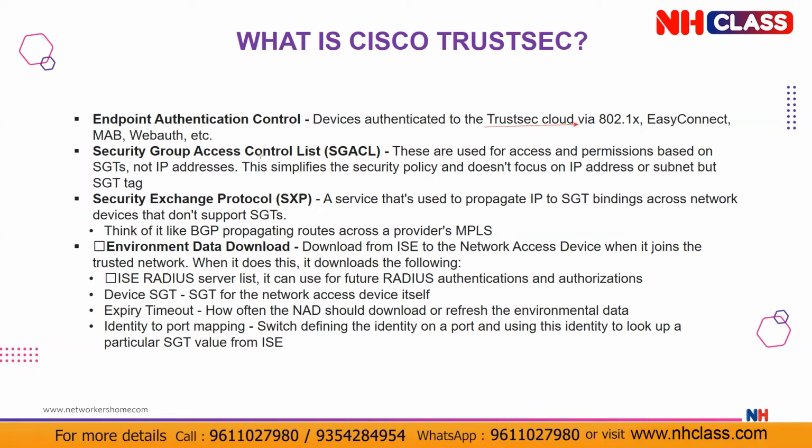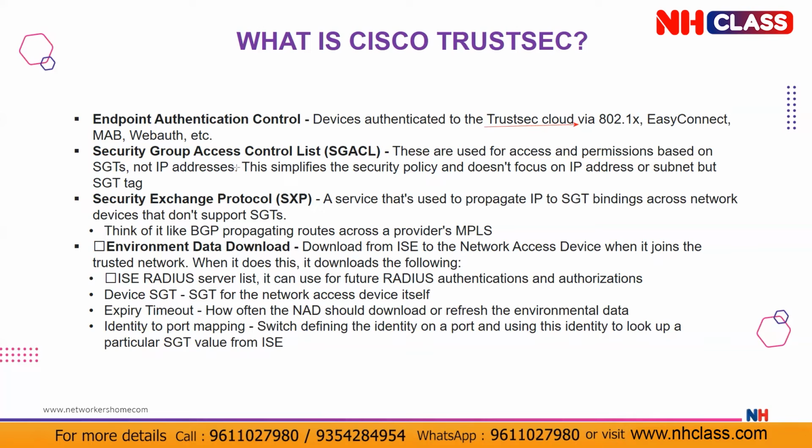Security group access control list, all right, what does it do? These are used for access and permission based on security group tags, not based on IP address. If you remember in ISE, we used to control the access earlier based on ACLs, downloadable ACLs, DACLs, right?